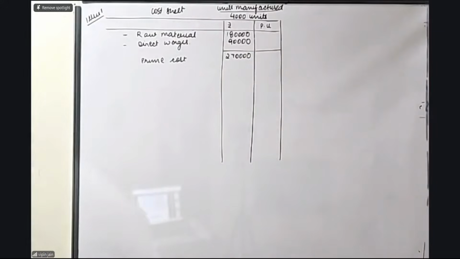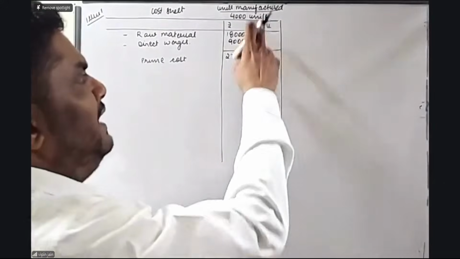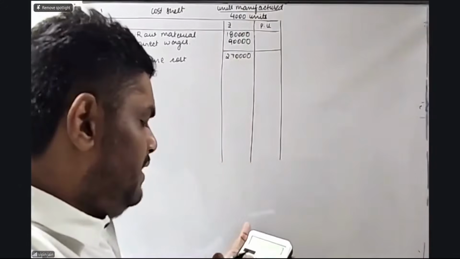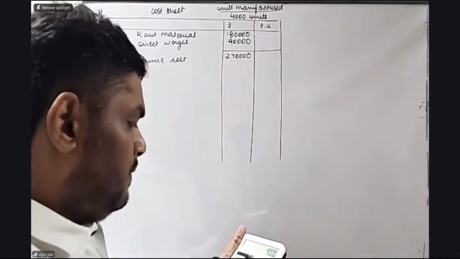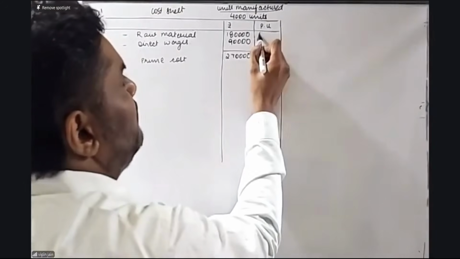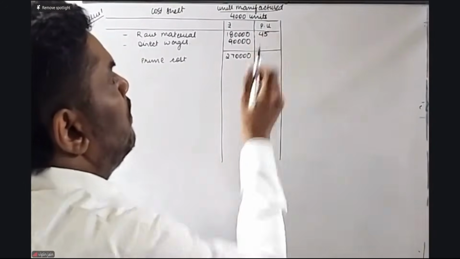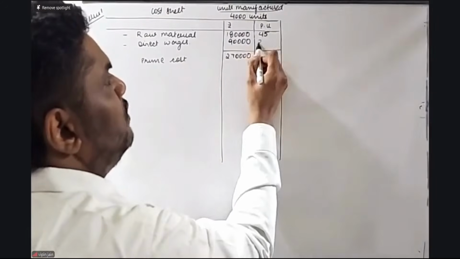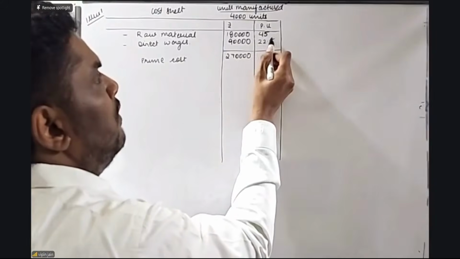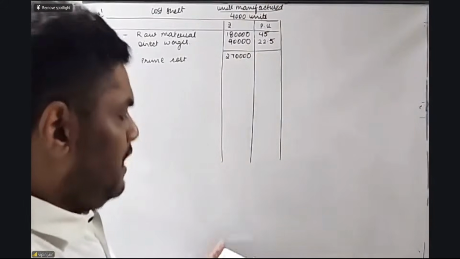Now, when talking about calculation per unit, 1,80,000 divided by 4,000 units manufactured will be 45, and this will be 22.5. This will be divided by 4,000 units.